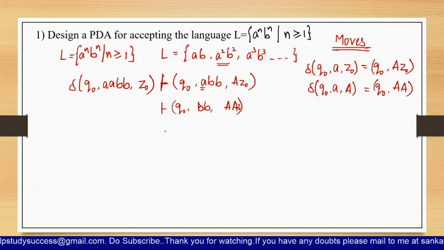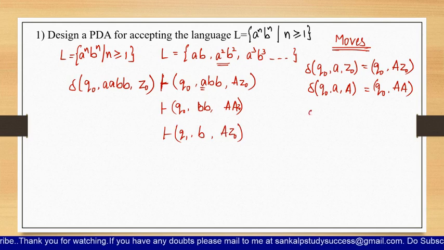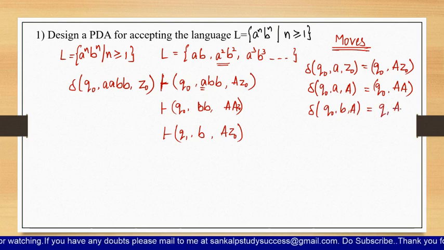You are left with another B, and as we have discussed just now, if there is a B, then you need to pop an element from the stack. So this element is popped, and AZ0 remains. Let us write this move Q0, comma B, comma A. Then you will get Q1, comma A.